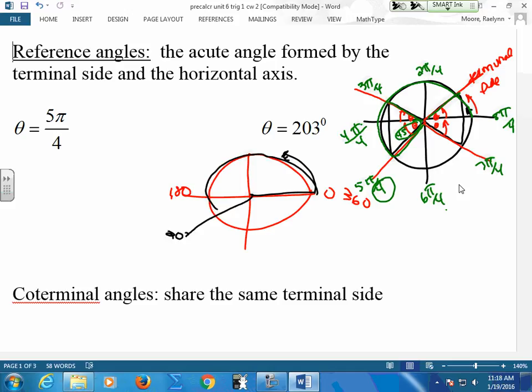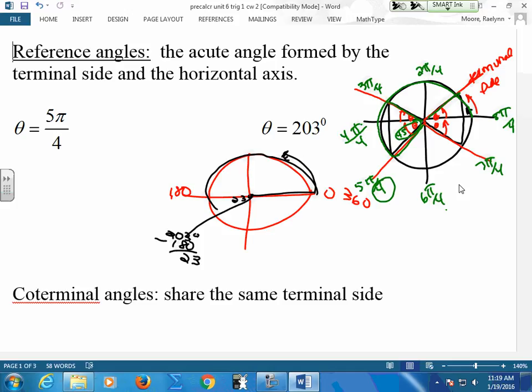So how far past the 180 did we go? 203 minus 180 is 23 degrees. My reference angle is 23 degrees. Do I have a special triangle for that? No. So that I'm going to have to do on my calculator. But all our special angles, you will always see them say exact value.